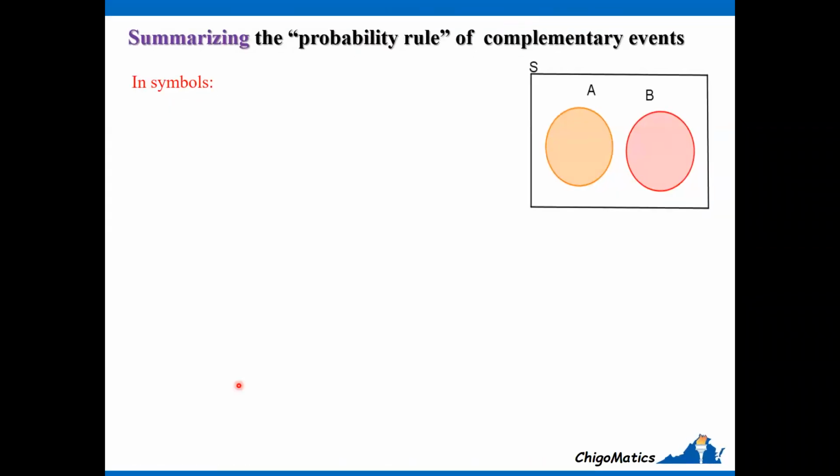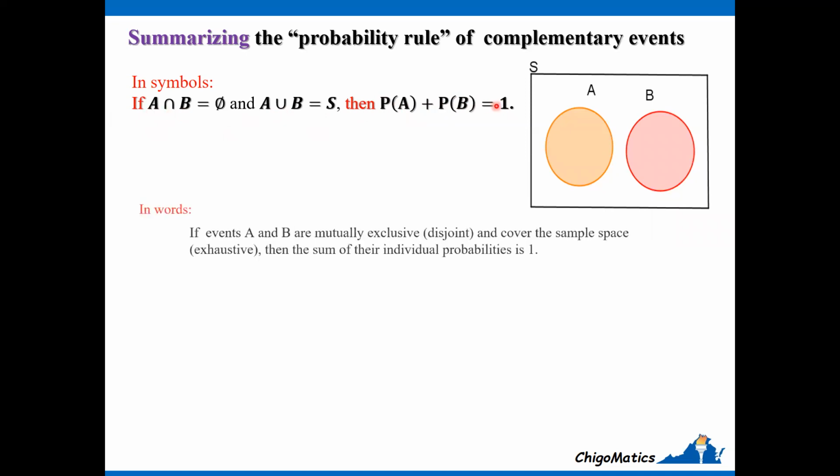Let us summarize this probability rule of complementary events. In symbols, if A intersection B is an empty set and A union B is equal to S, then the probability of A plus the probability of B is equal to 1. That is what it means in symbols, and that is the best thing to know because it will be easy to remember.